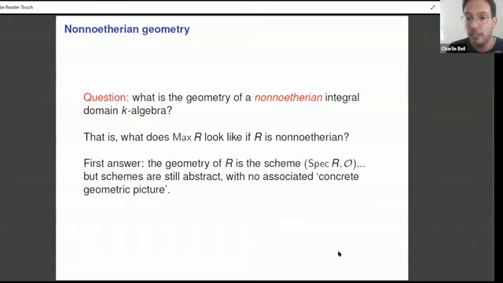But schemes are still abstract, and there's nothing you can visualize if you say it's a non-Noetherian scheme. There's no associated concrete geometric picture that you can put with that. And so that's where I'll start tomorrow: I'll talk about non-Euclidean geometry and then use it to make sense of the non-cancellative dimer algebras and Gorenstein algebras.